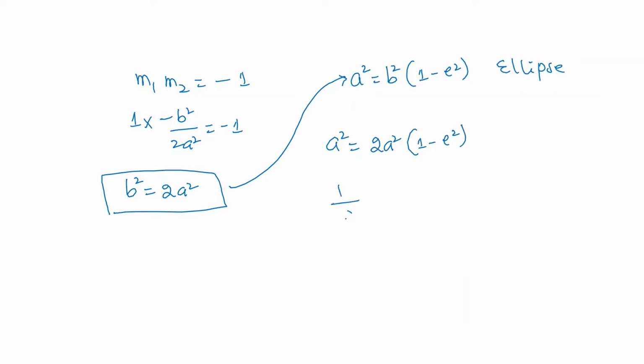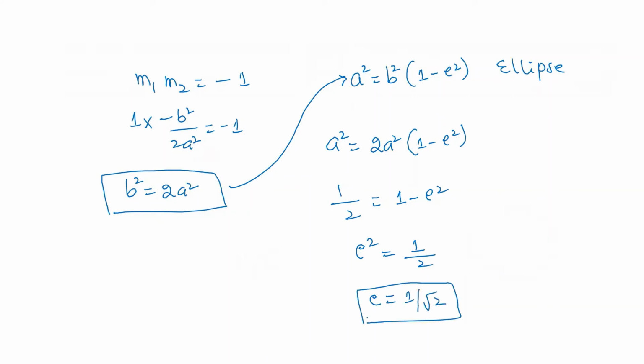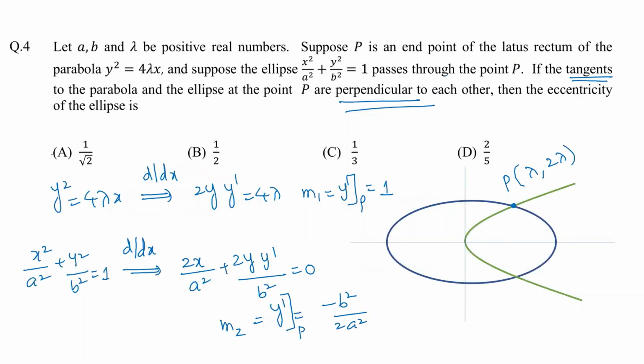So we get 1 by 2 is equal to 1 minus e square, which gives e square equal to 1 upon 2, and that gives e equal to 1 upon root 2 as the answer for this question. So eccentricity came as 1 upon root 2, so option A is going to be the answer for this question.